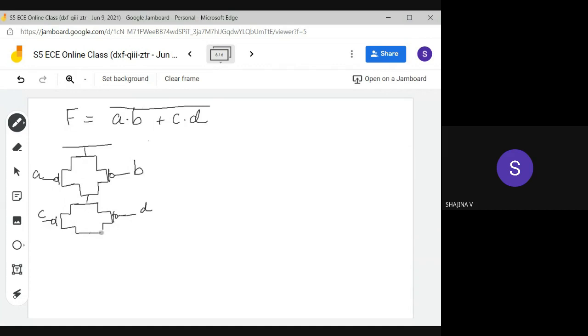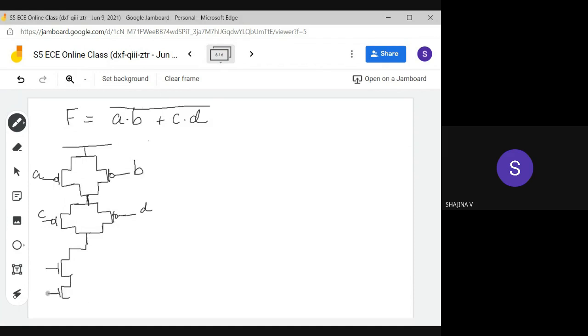Okay. And now for NMOS connection. For NMOS connection, in order to implement A into B, I have to connect two transistors in series, right? എല്ലാവരും അസൈൻമെന്റ് ചെയ്തിട്ടുണ്ടാവുമെന്ന് വിചാരിക്കുന്നു.